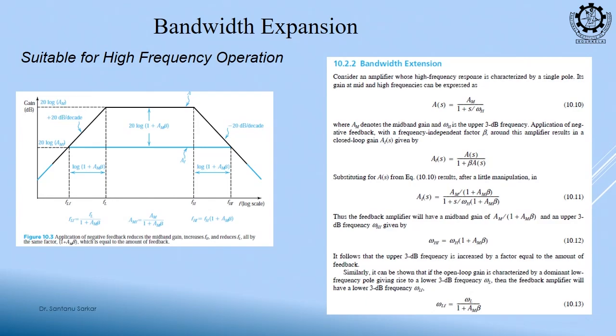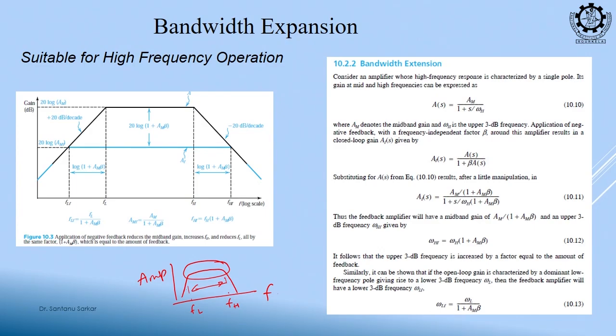Next is bandwidth. This is where we are interested, where the gain is constant. This is our amplitude and this is our frequency, and this is our lower cutoff, FL, and this is our higher cutoff, FH, and this difference we call bandwidth. FL could be 0. If we can push this higher and higher, the advantage is that we can use this amplifier in high frequency applications also.